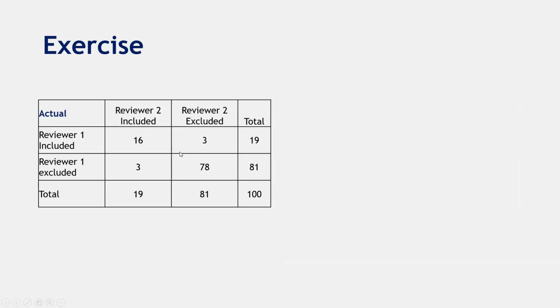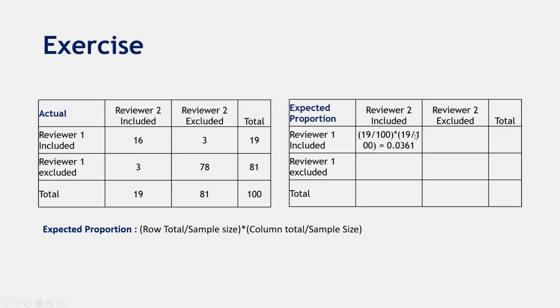Now we need to find the expected proportion. Expected proportion is given by one formula: row total by sample size into column total by sample size. For the first box, what would be the expected proportion? You don't have to calculate the final value, just tell me what into what. 19 by 100 into 19 by 100.